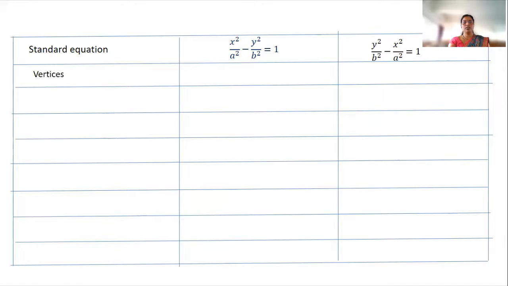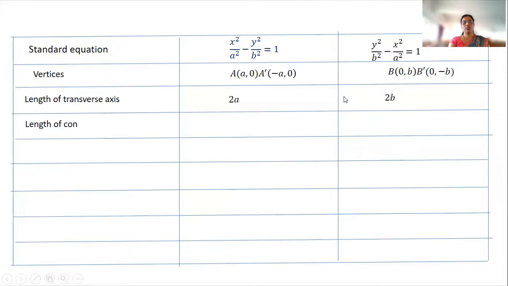Therefore, vertices are (a, 0), (minus a, 0), and (0, b), (0, minus b). The length of the transverse axis is 2a and 2b. The length of the conjugate axis is 2b and 2a.